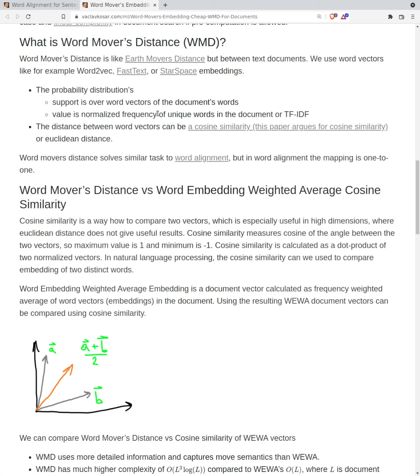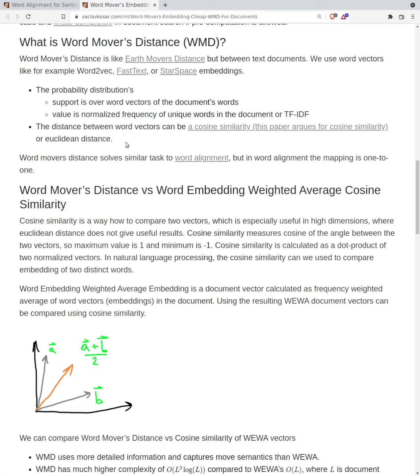And then, so you have two sequences, right, as in the sentences. Those are sequences of words. So the support probability distribution means the piles that I will be transporting are over the word vectors of the document words, right? And the value of the word vectors is some normalized frequency or TF-IDF.